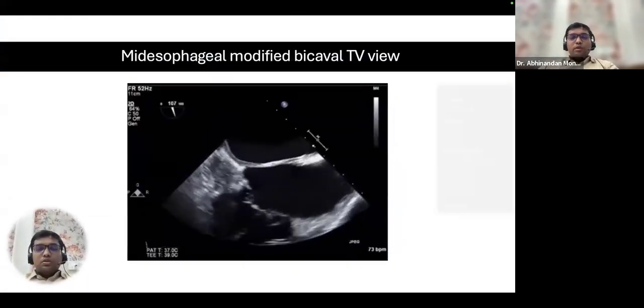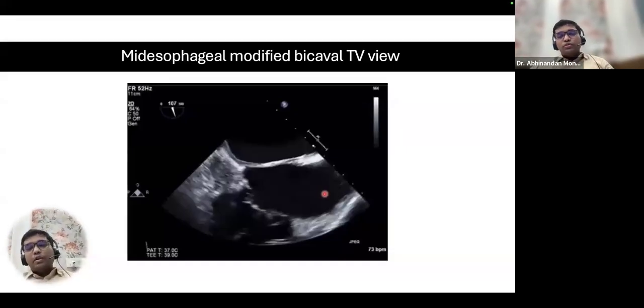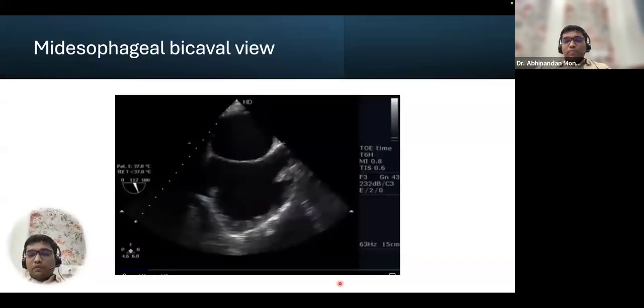From the bicaval view or modified bicaval view, if you rotate your probe towards your right, you will be able to see the right sided pulmonary vein view. And also from your ascending aorta, if you rotate it towards your left, you will be able to see your left sided pulmonary vein.